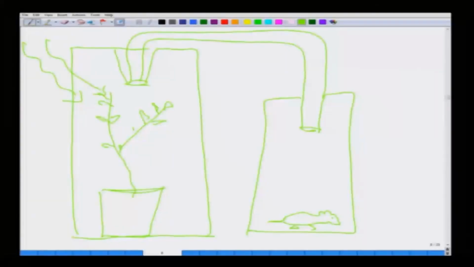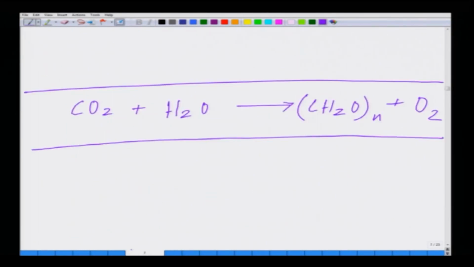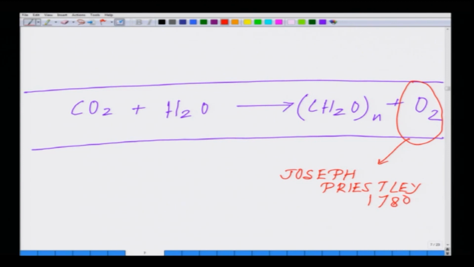Okay, so let's highlight this. This component, that it is evolving oxygen, was discovered by Joseph Priestley, and this was back in 1780, almost 3 centuries back.